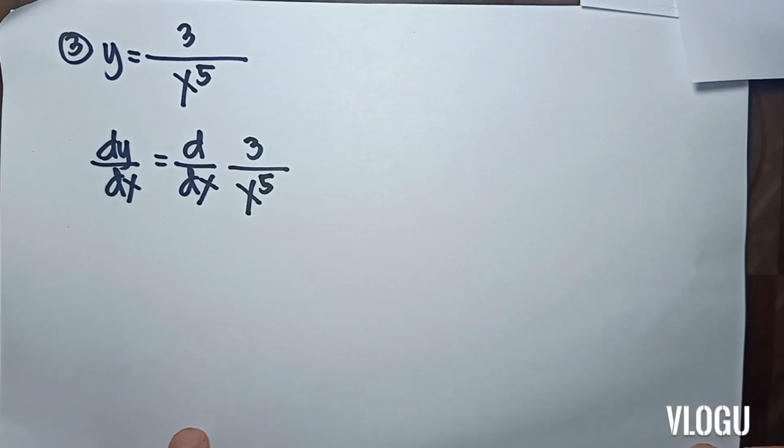Okay, we have our example number 3. y is equal to 3 over x to the 5th. We are going to find the derivative, d/dx of 3 over x to the 5th. Looking at this one, this is the derivative of an exponent.